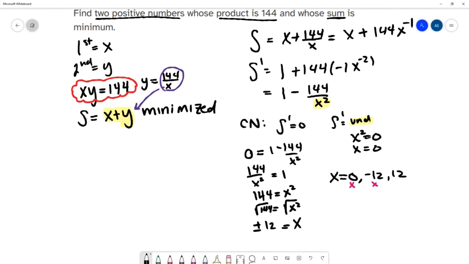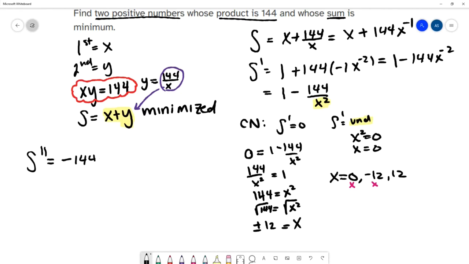So in order to do that, we're going to look at the second derivative test. So let me write the first derivative in a nice way. That would be 1 minus 144 x to the negative 2. And we're going to calculate the second derivative. The derivative of 1 is 0.